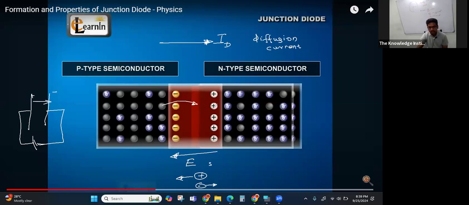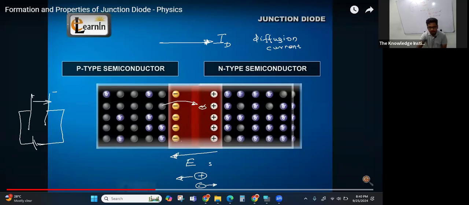At the same time, a small built-in electric field is produced, starting from zero. At the beginning this electric field is zero, and as soon as diffusion occurs, the electric field increases from zero, right?